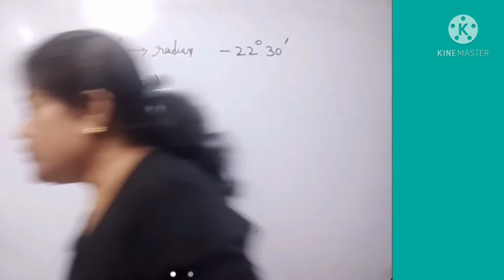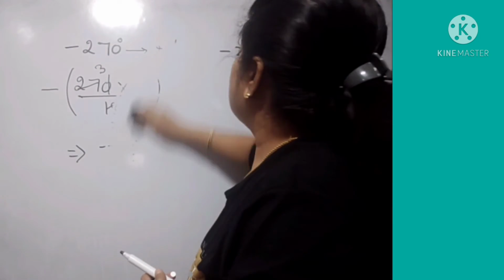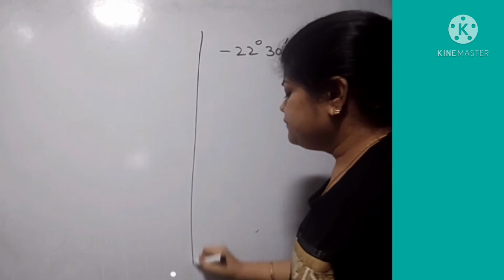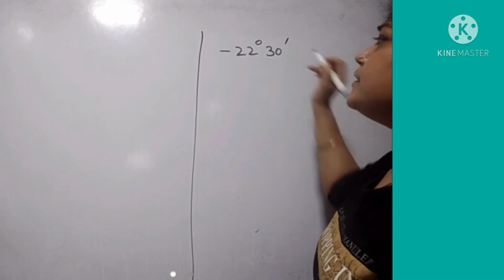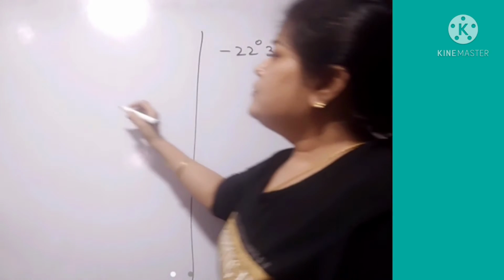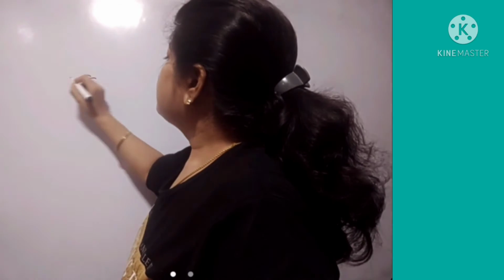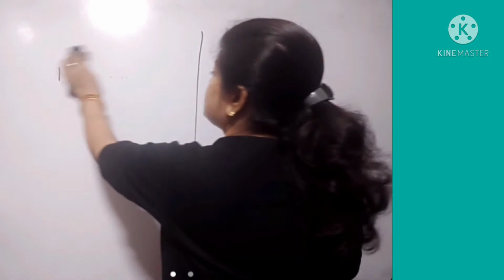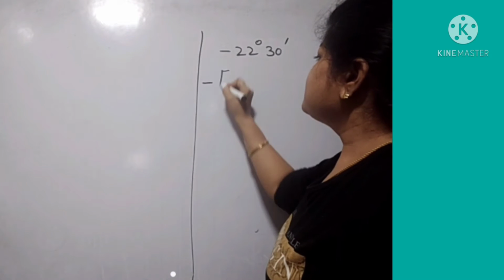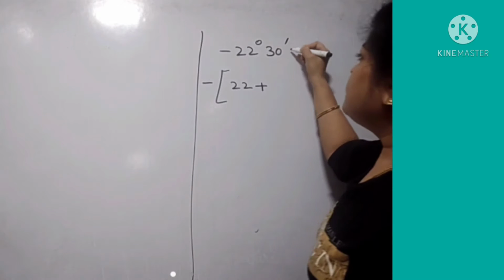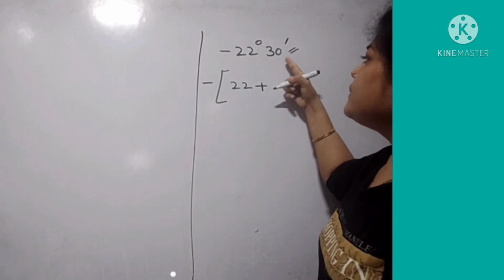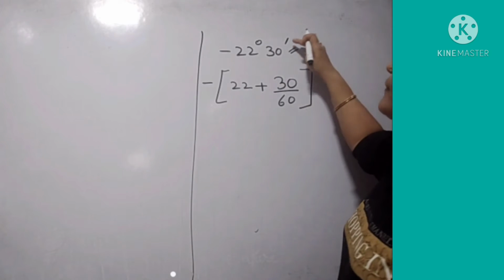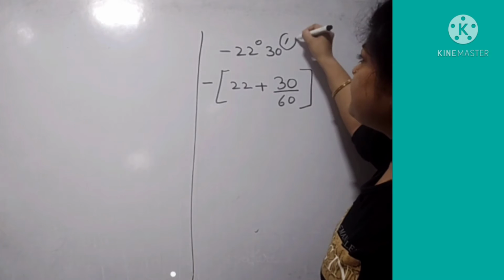Now the next one. For example, the angle is given along with the degree and the minute, in this way: minus 22 degree 30 minutes. Now we know 1 degree is equal to 60 minutes. We apply that here: minus 22 degree plus we convert this minute into degrees, so we divide by 60. One arrow means minute.